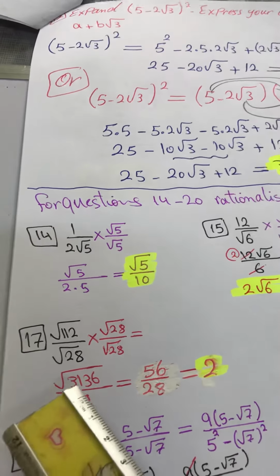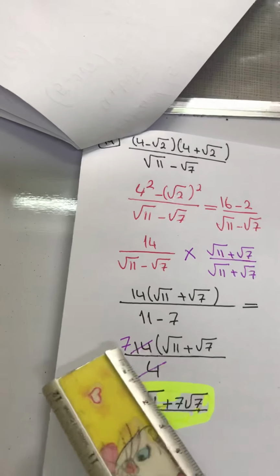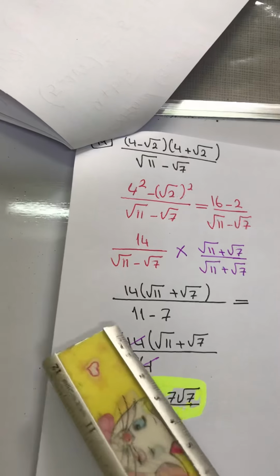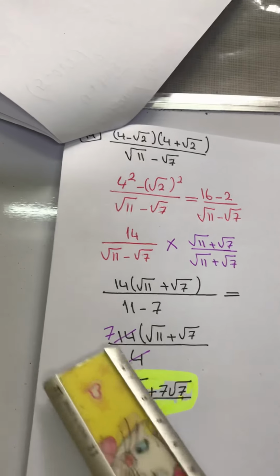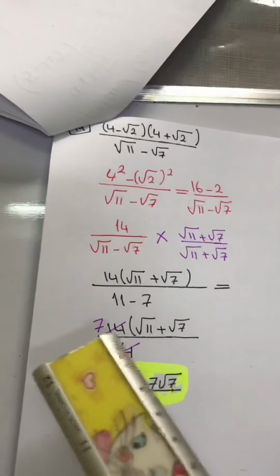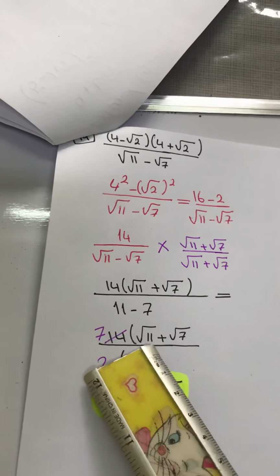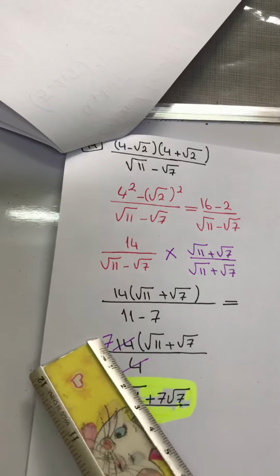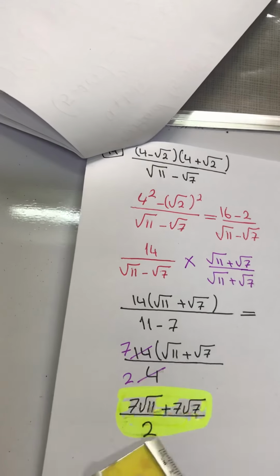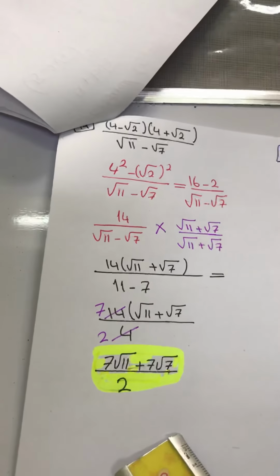So I'll take the square root of the first, which is 11, and the square root of the second, with minus between them. Now solve before distributing: 11 minus 7 equals 4. We can divide by 2 up and 2 down. So down gives me 2 and up gives me 7. Now you can distribute 7 by the square root of 11 and 7 by the square root of 7. And the final answer will be like this.